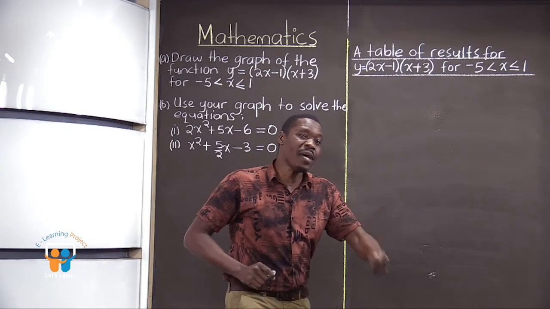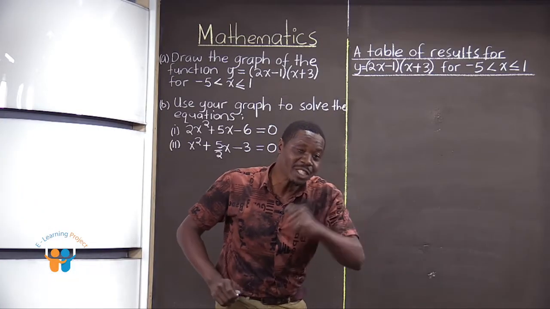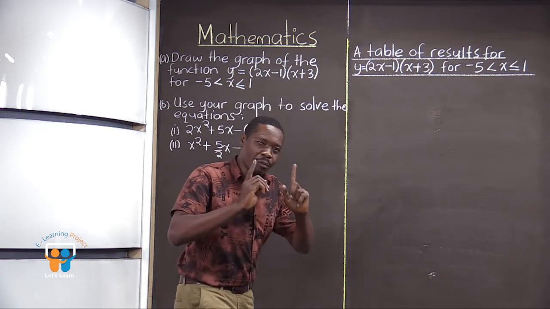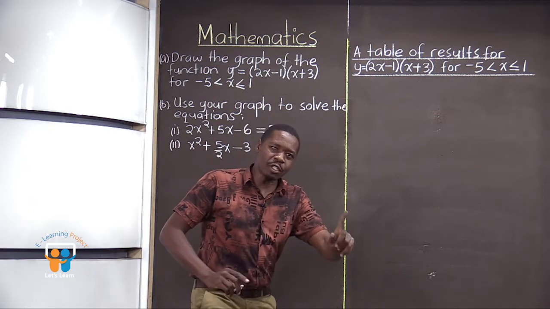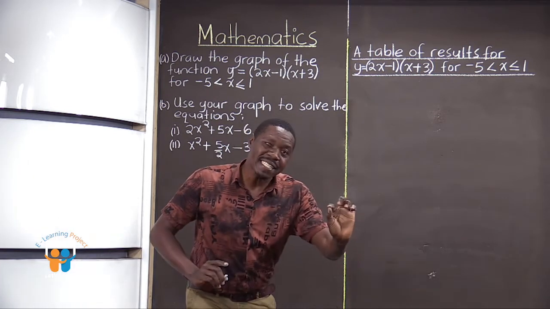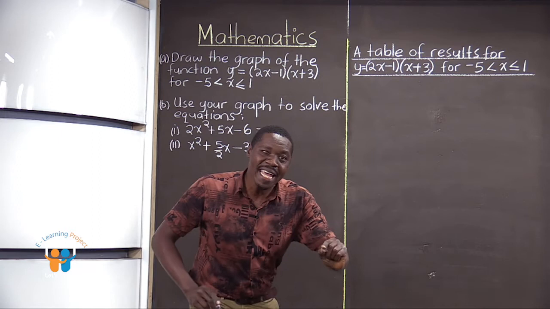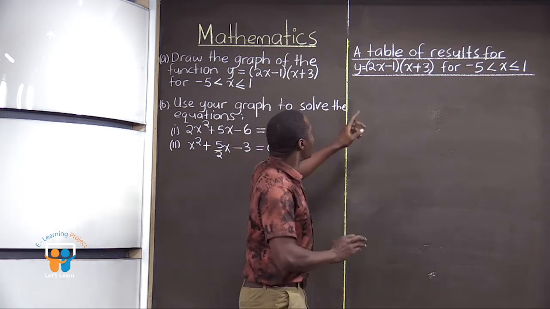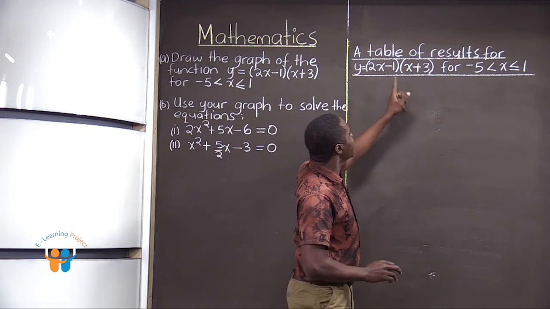And we said the turning point is that point where a graph changes direction. Now, Mr. Examiner, sir, when we are drawing our table of results, we are going to make sure that the first value is x and the last value will be y. Then in between, we will have written the (2x − 1)(x + 3).